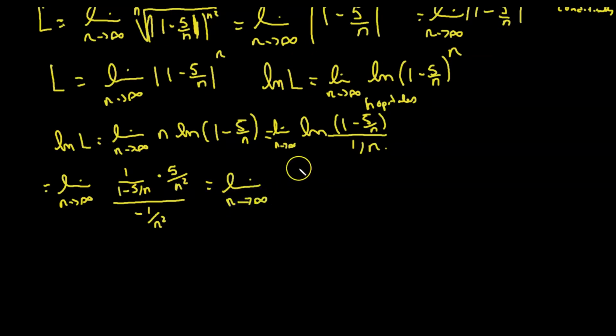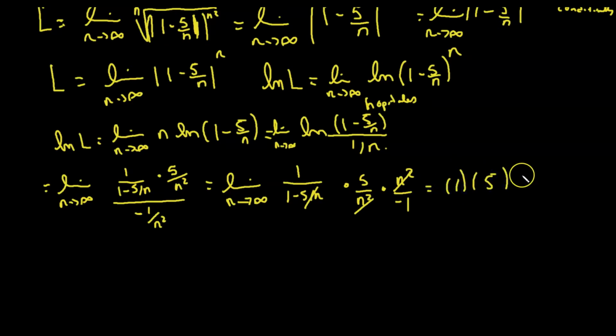So term-wise, splitting this up, now we see that these cancel. So now if we plug in infinity here, we get 0 for this term. So we get 1 times 5 times negative 1, which is equal to negative 5.